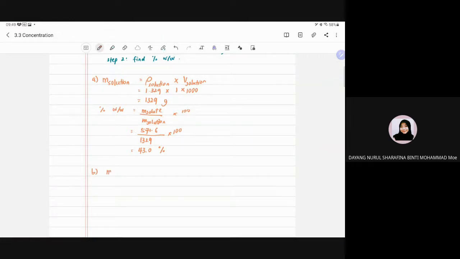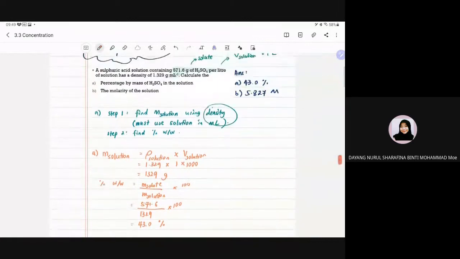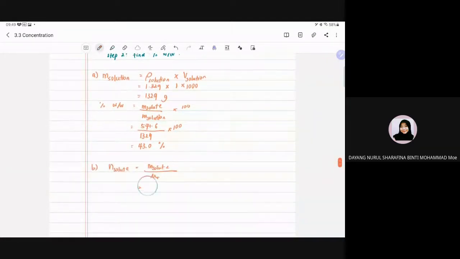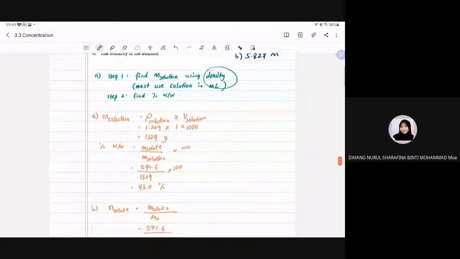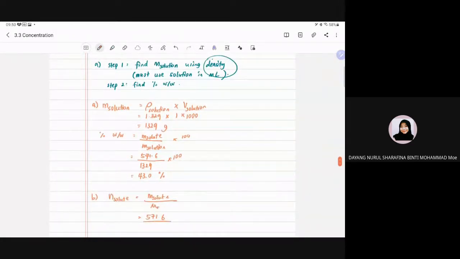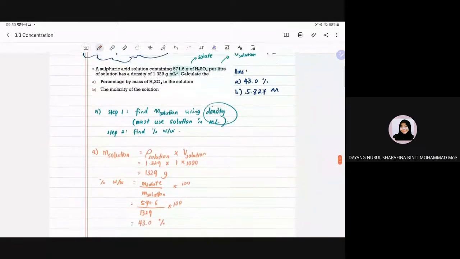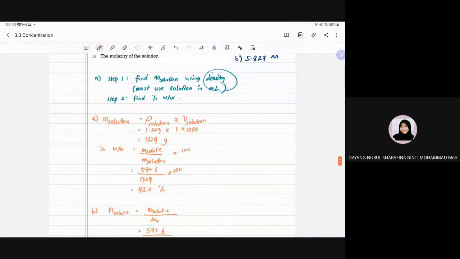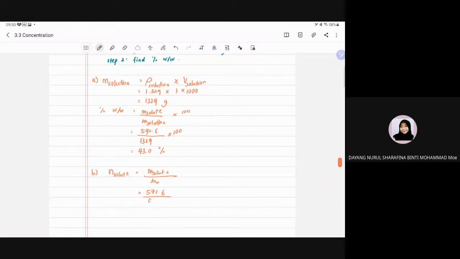Mole, N of solute sama dengan mass of solute bahagi MR. 571.6 bahagi dengan sulfuric acid, H2SO4: 2 tambah sulfur adalah 32.1 tambah 4 kali 16 sama 98.1. 571.6 bagi 98.1.